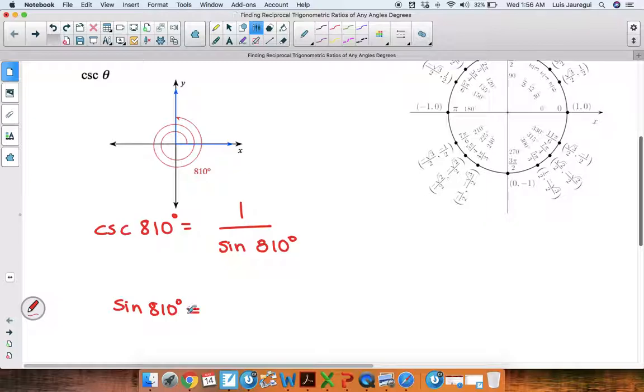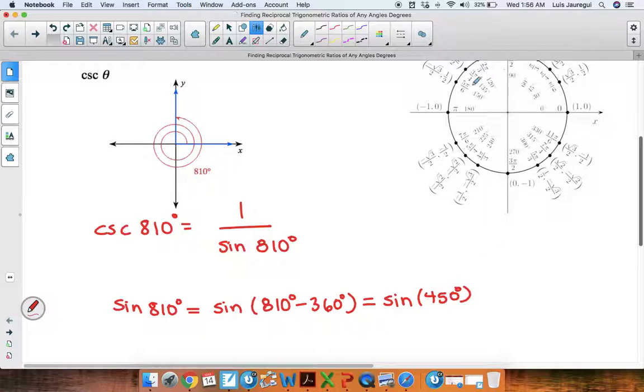Since 810 degrees is not an angle on the unit circle, we're going to find a smaller coterminal angle. So we can say that this is the same as sine of 810 degrees minus a whole revolution of 360 degrees. And this happens to be sine of 450 degrees.